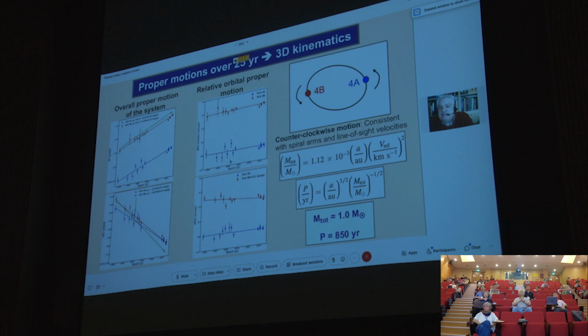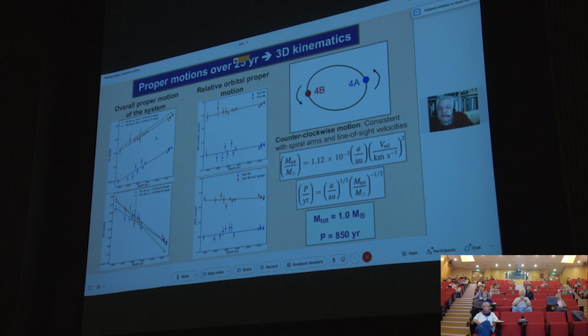So we see that the B component gets closer in declination to the A component, implying, again, a counterclockwise motion. From this we can obtain the 3D relative velocity of the system, because we have the line of sight and the plane of the sky motion. So we can derive the total mass of the system, that is one solar mass, with a period of 850 years.